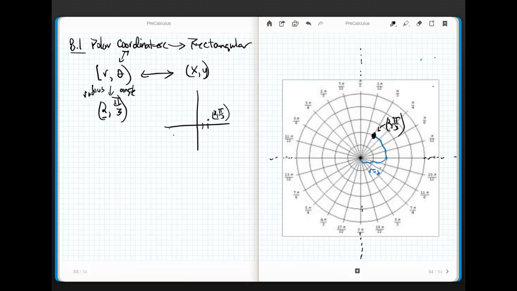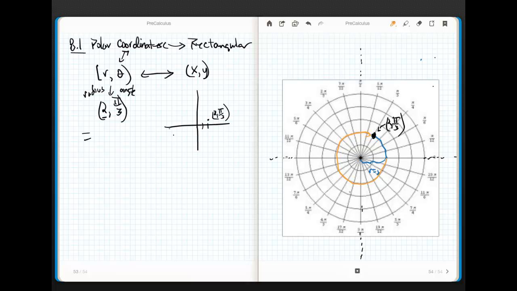Now, think about this for a second. Does everybody agree that if I wanted to, I could name this exact same point another way? What could I do? Think about that. I know that there are 6 pi thirds in a circle. If I went around, let's go a different color, let's go orange. If I went out 2 and then went around in this direction along the circle of radius 2 and finished up there, we refer to that angle as being coterminal with pi thirds.